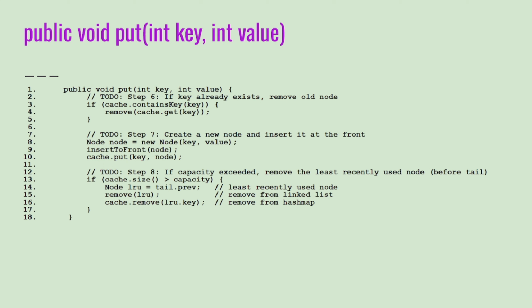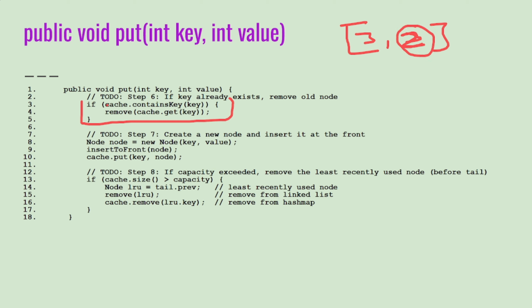Now we have the put method, right? So if the cache contains this key and value pair, let's suppose 3 or 2 is already there. Again, if you are putting 2, what does it mean? This 2 is already there, right?